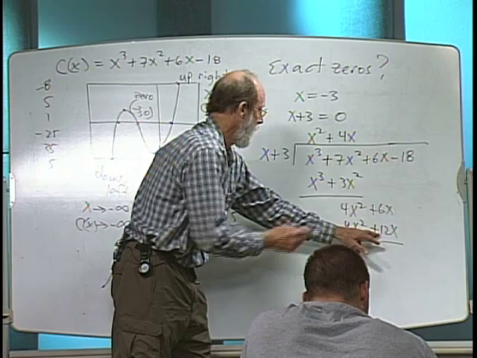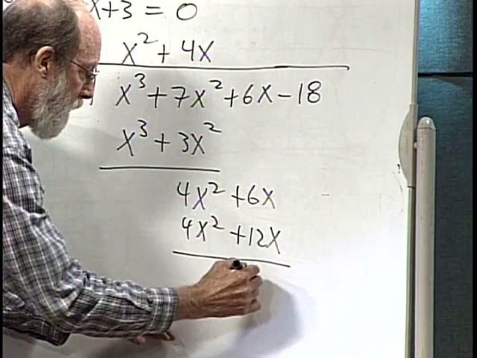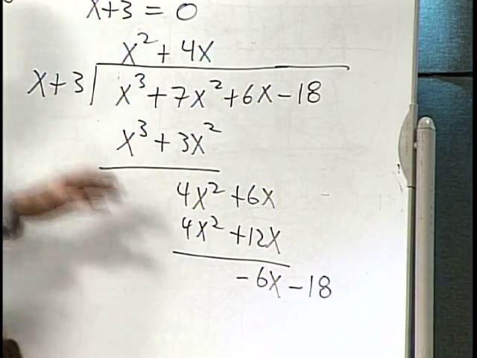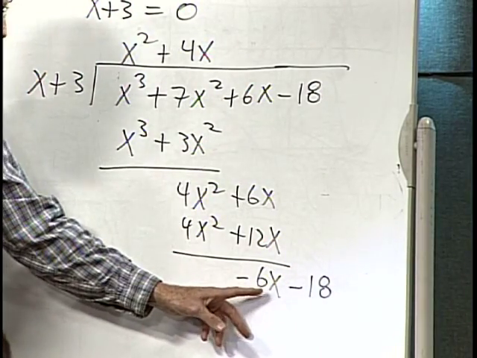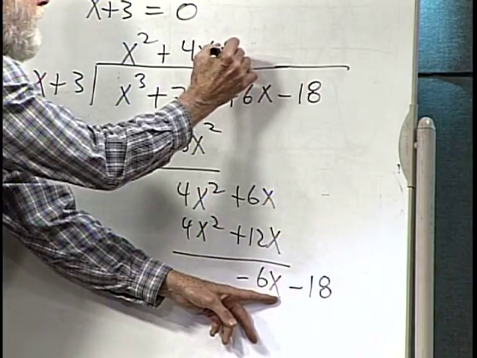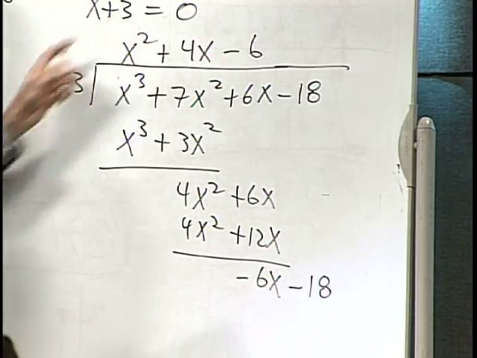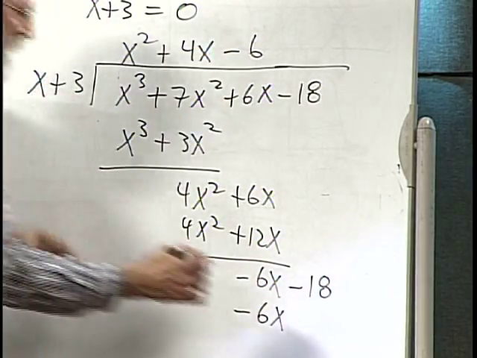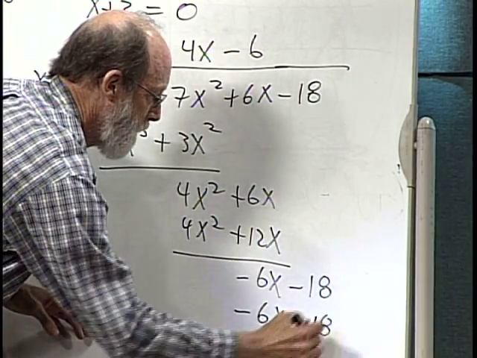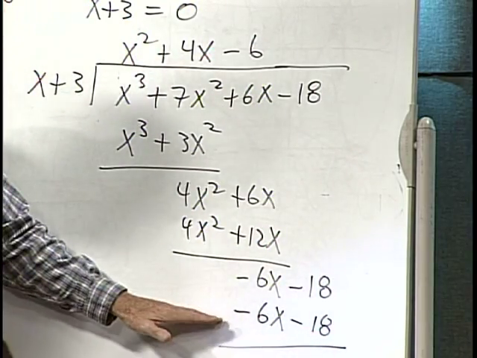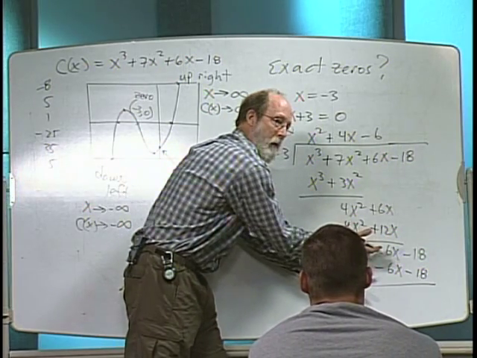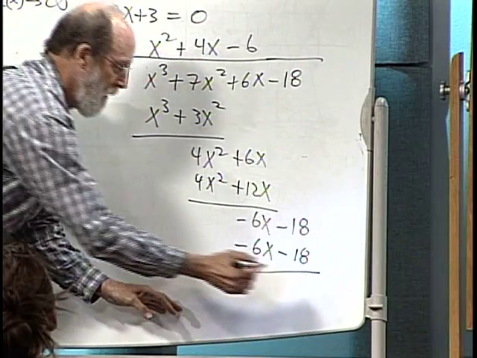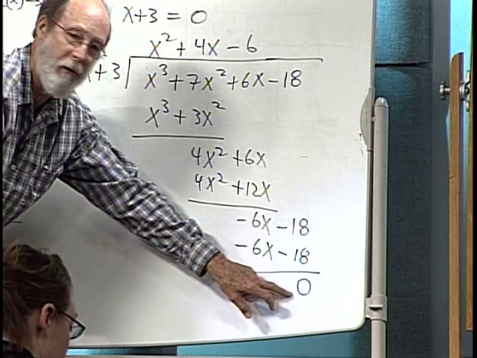Negative 12x added to 6x is negative 6x. Bring down the minus 18. And now x goes into negative 6x negative 6 times. Multiplying, we get negative 6x minus 18. Take this material away from the binomial above, and you lose the x's and you lose the 18s. You get a remainder of 0.